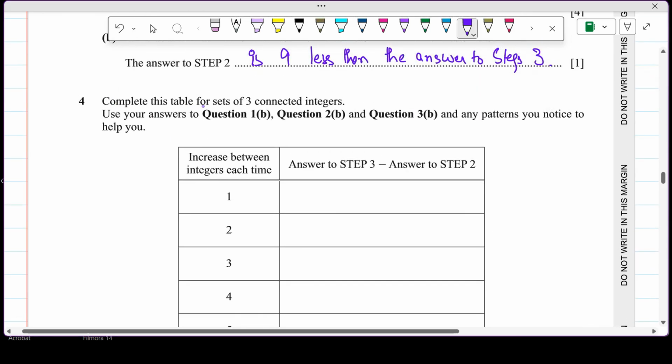Question number 4. Complete this table for a set of 3 connected integers. Use your answers to question 1b, question 2b, question 3b, and any pattern you notice to help you. The increase between integers each time is 1.